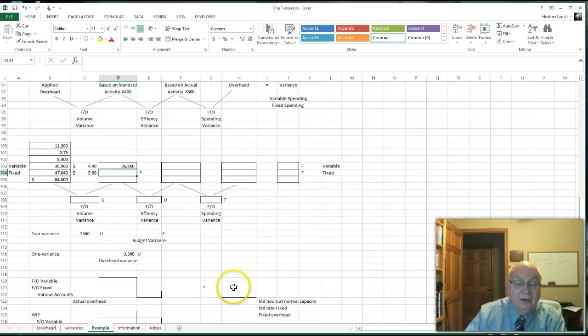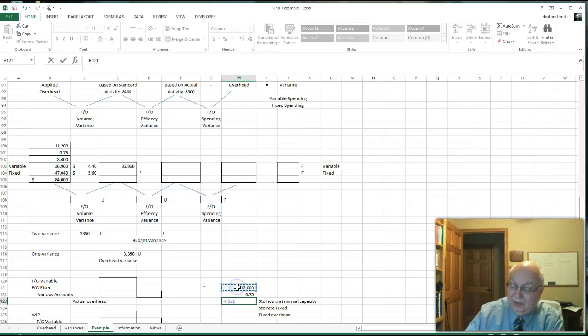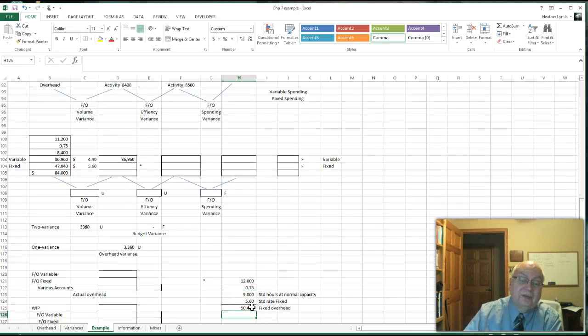So over here, our standard was 12,000 units at 0.75 hours. So that's equal to 12,000 times 0.75. Our standard hours for normal capacity was based on 9,000. Our rate was 560 per hour, which means our overhead then would be these two multiplied together, because originally we took 50,400 divided by 9,000 to get to 560.